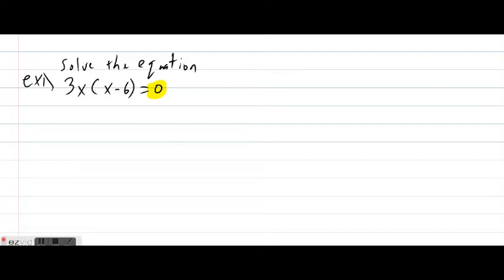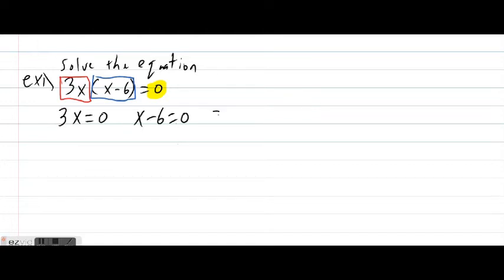That's what we want. So in order to solve this thing, I'm going to take each factored form and I'm going to set it equal to 0. So I'm going to take that 3x and force it to equal 0. And then I'm going to take this factored form right there, and I'm also going to make that one equal 0.